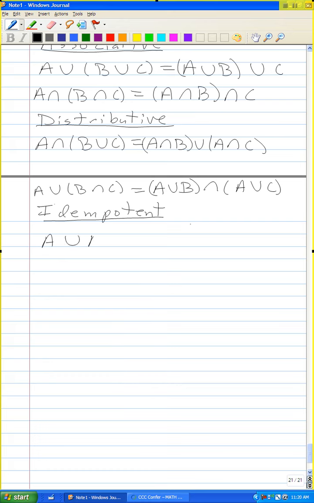A union A is A for all sets A, and A intersect A is A for all sets A.